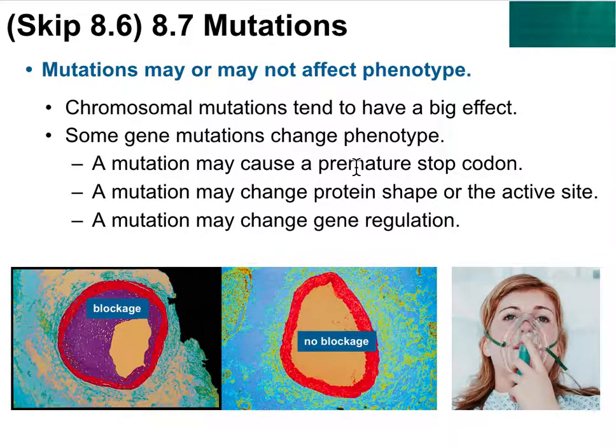So if you're thinking about potential impact of mutations: a premature stop codon, which changes the protein shape, or an incorrect amino acid, which would lead to the wrong protein. It could change gene regulation. Now, we didn't talk about gene regulation, so that was in section 8.6, so you can disregard that.